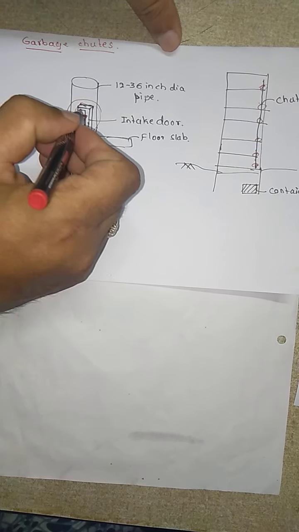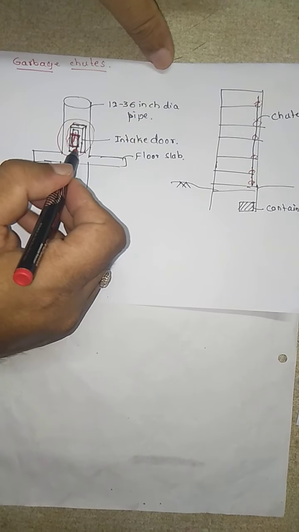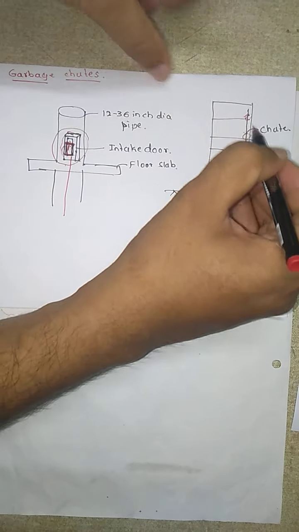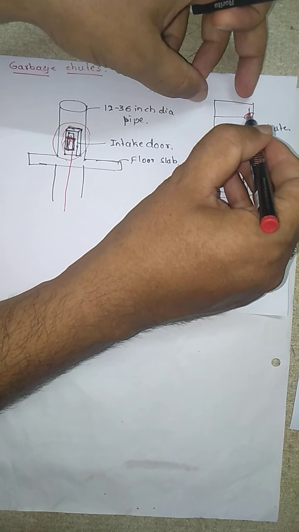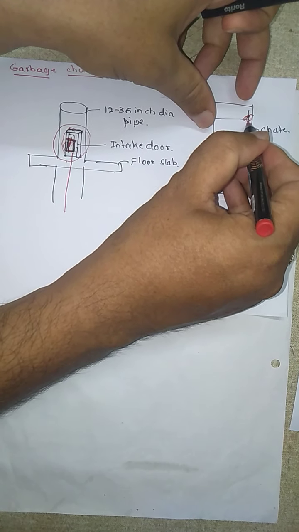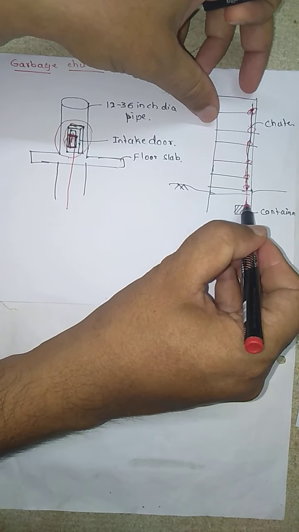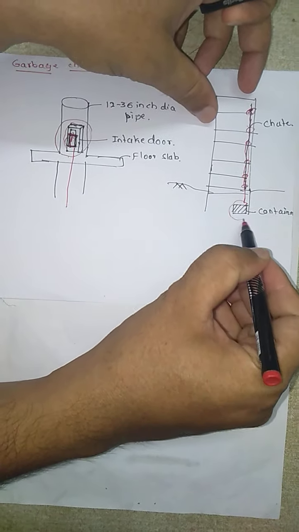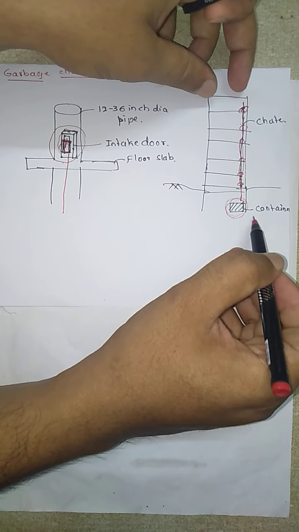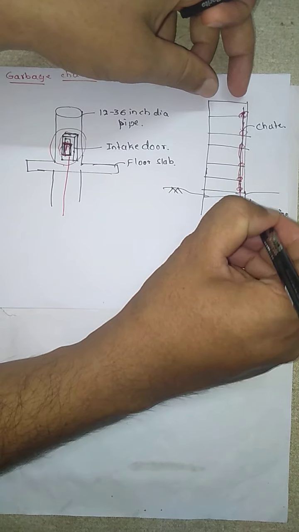If the person opens the door and drops down the solid waste, it directly comes through this pipe and is collected in the container present at the basement.